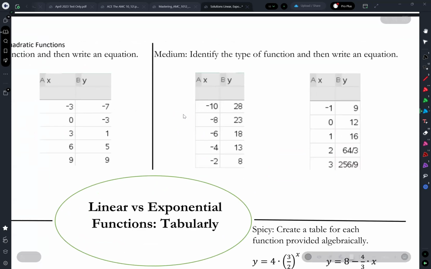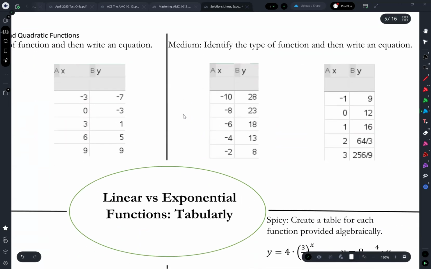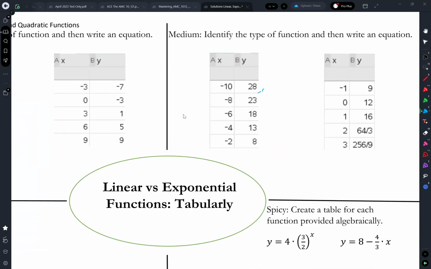Now, just looking at these two, when I look at the right-hand table, I immediately notice fractions that start to pop up. So I'm thinking it's an exponential, which means this leftmost one, more than likely, has a constant additive rate of change. Remember, your rate of change is the easiest way to identify the type of function in a table, right?